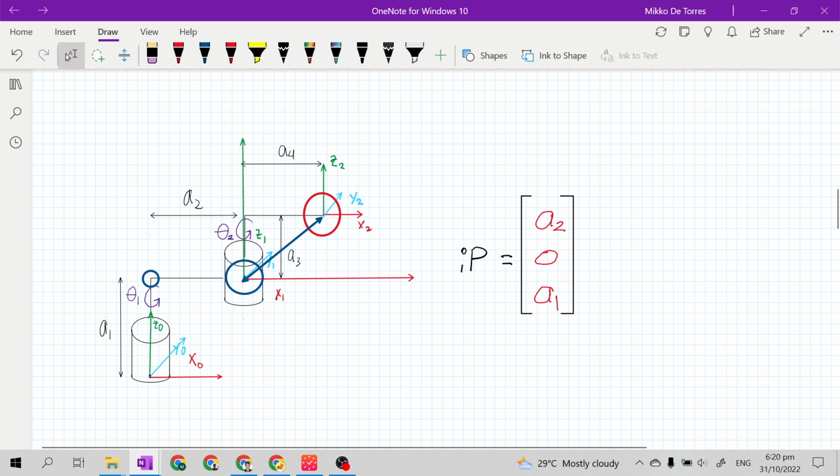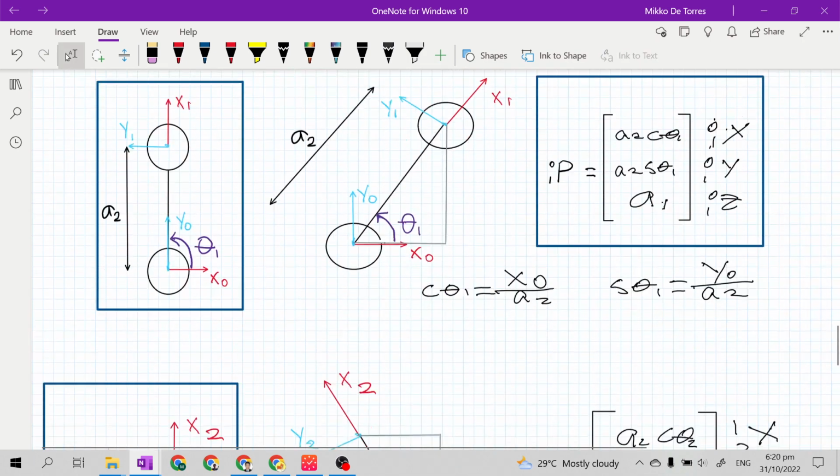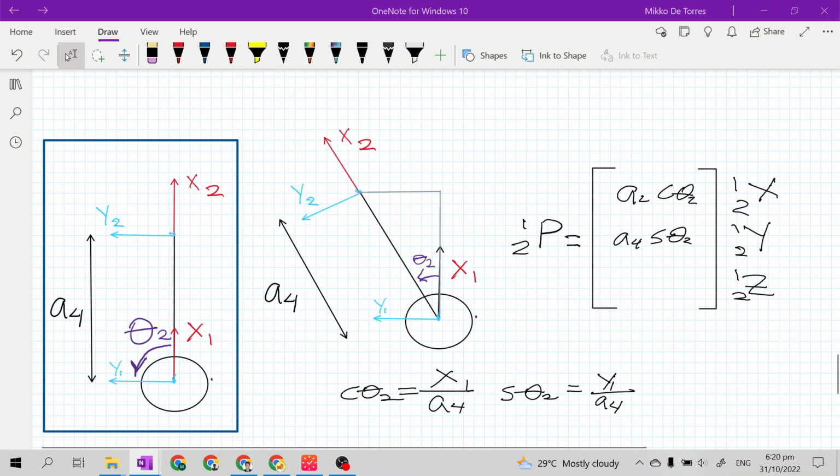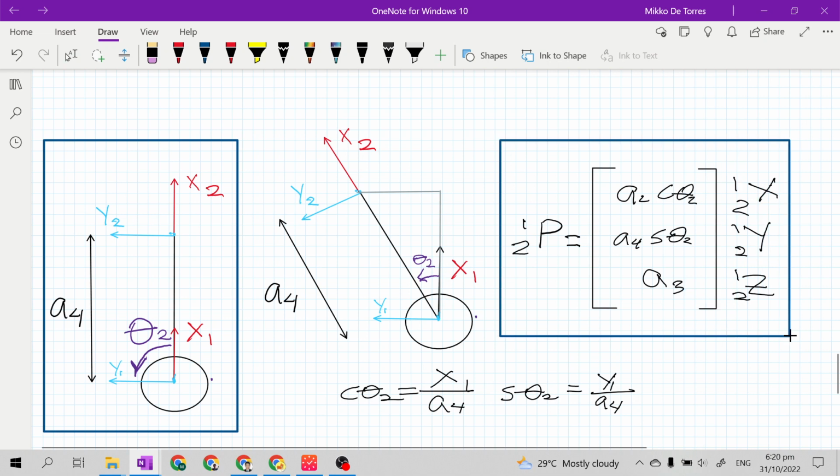As you can see, class, this is how far our frame 1 is to our frame 2 along z sub 1 axis. Therefore, our z element is a sub 3. So this is our position vector 1, 2 from frame 1 to frame 2. Let's put it also inside a box to indicate our final answer.